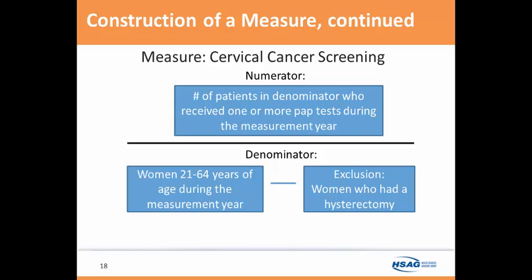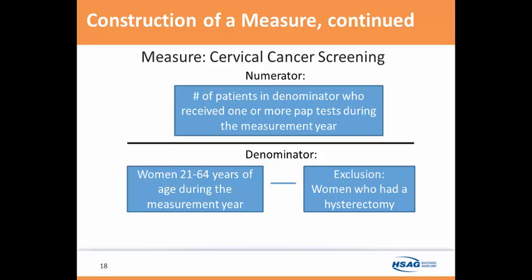Let's take, for example, a measure, cervical cancer screening. In the denominator, one must specify that the measure is targeting women, ages 21 to 64 years, during a measurement year. Exclusions for this measure are women who had a hysterectomy.